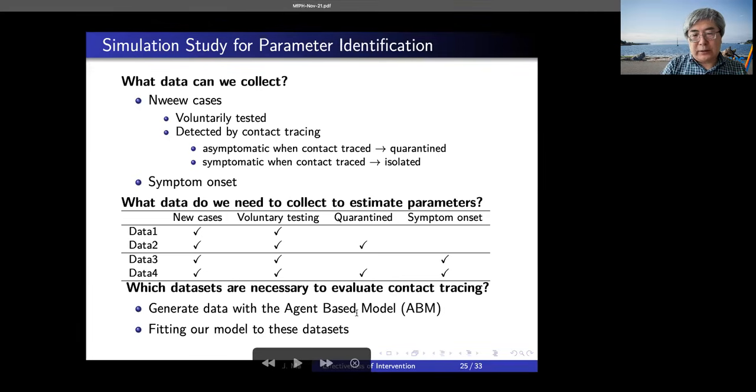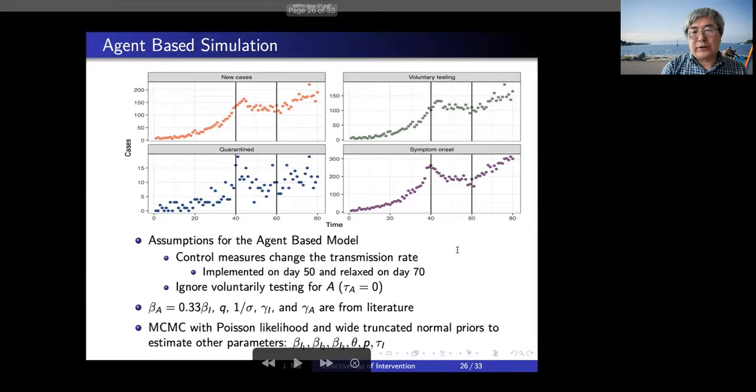So we generate our data with agent-based simulations, and we fit our model to these 4 data sets. And here's one example of the generated data of the 4 data sets, and we fit our model using MCMC with Poisson likelihood.